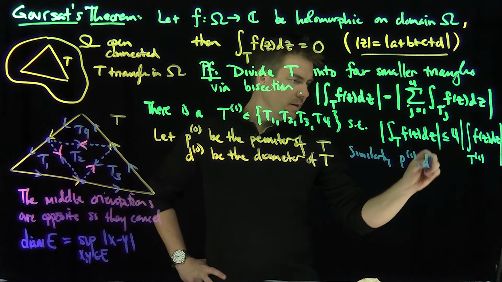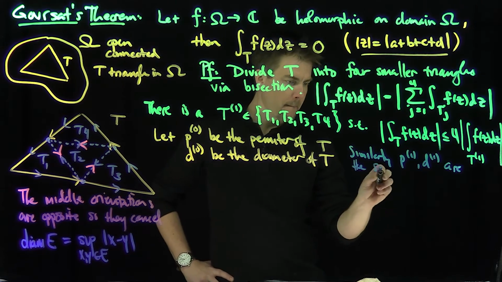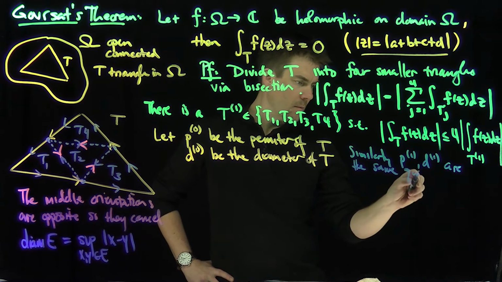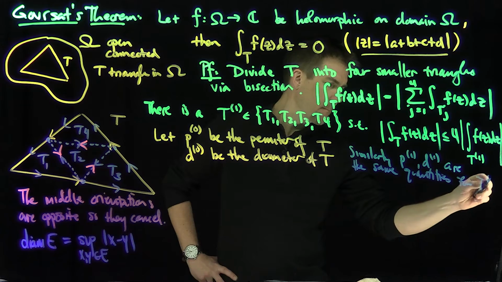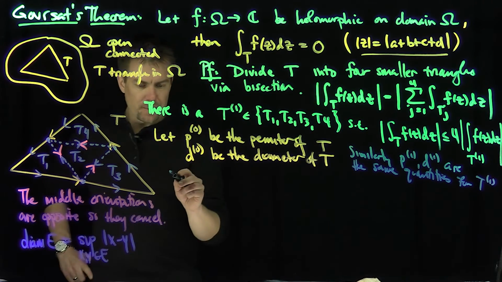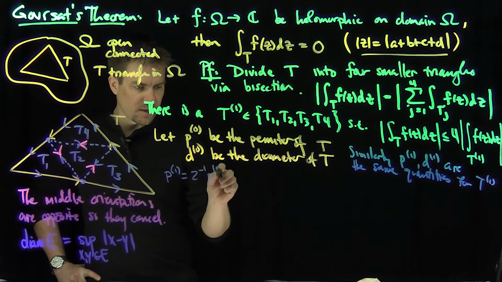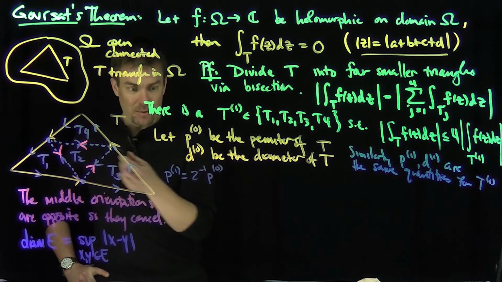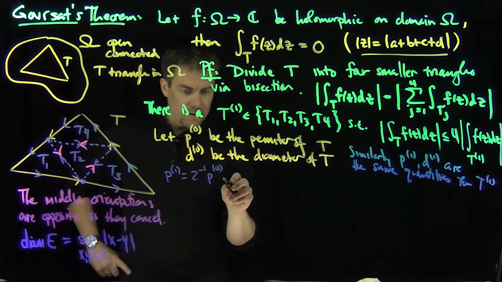Then similarly, P1 and D1 are the same quantities for T1. Okay? Then what can we see from this? We can see that the relationship is that P1 is 2 to the negative 1 times P0. I'm bisecting it, so the perimeter is cut in half. And the same thing is true with the diameter. Since I'm cutting this uniformly, I get the same thing for the diameter.